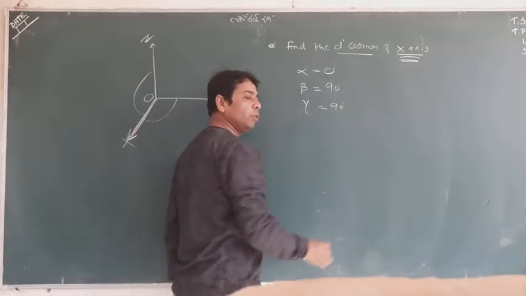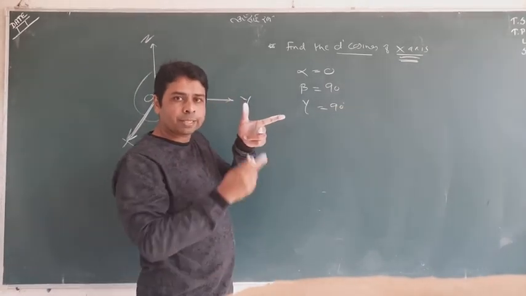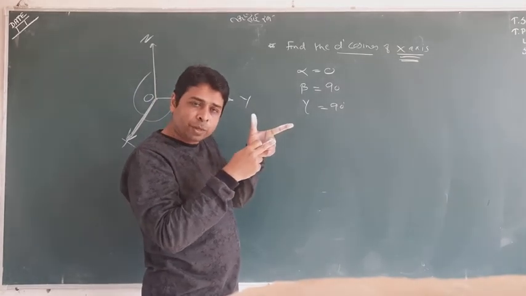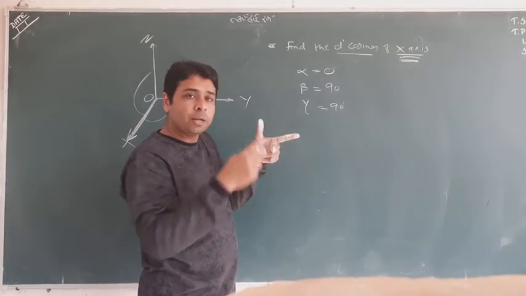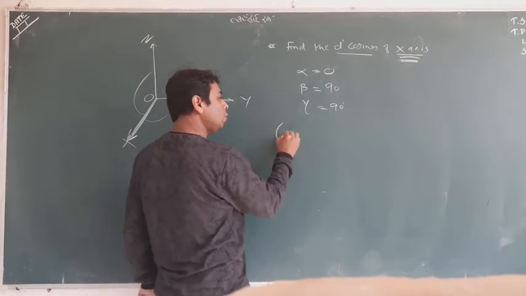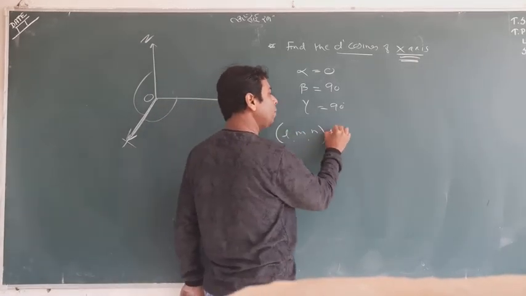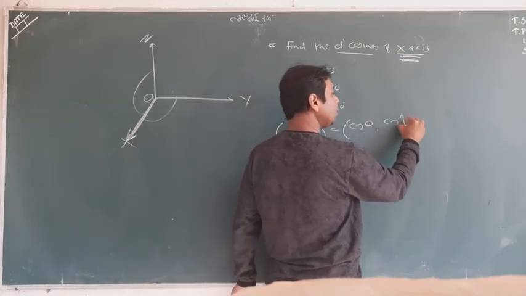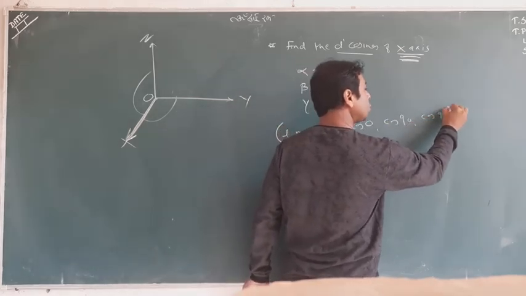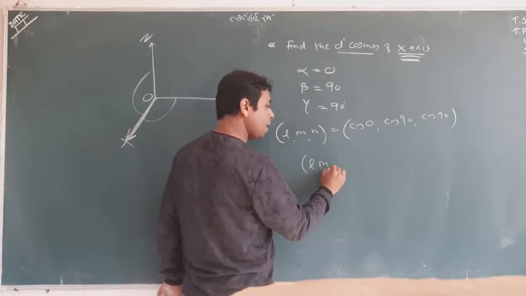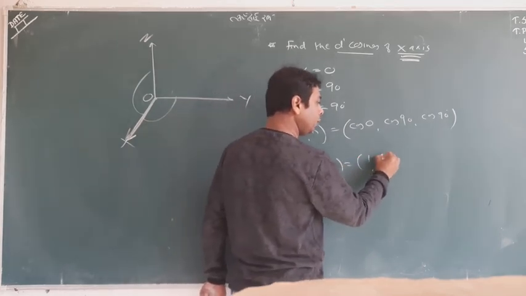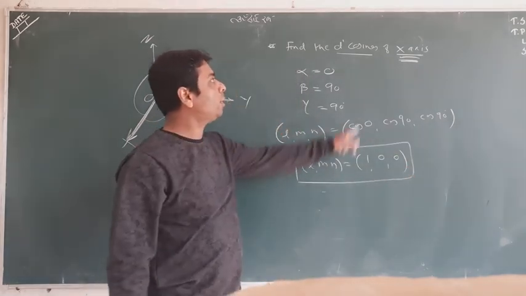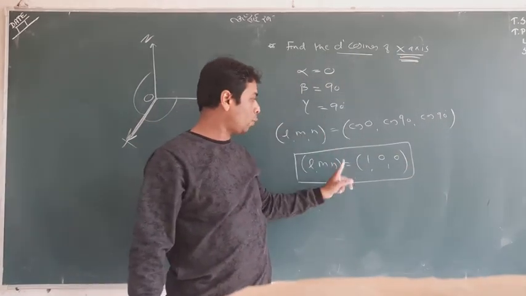So the x-axis makes angle 0 with the x-axis, 90 with the y-axis, 90 with the z-axis. So L, M and N will be cos 0, cos 90, cos 90. So the answer is L, M, N equal to 1, 0, 0. Keep in mind that the direction cosines of the x-axis are 1, 0, 0.